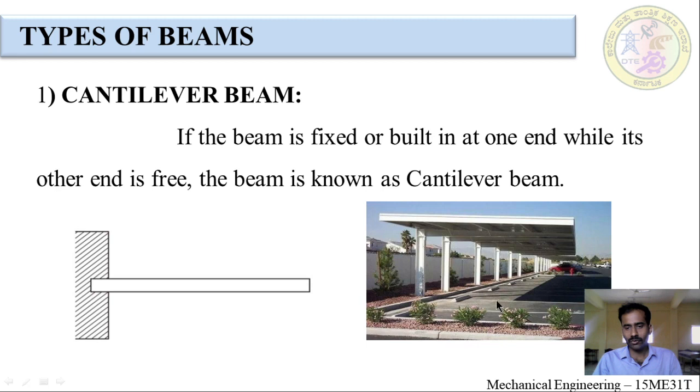So the car can move in easily and can be taken from the parking area without any disturbance. Only one end is fixed and the other end is free. In these types of applications we can use cantilever beams.